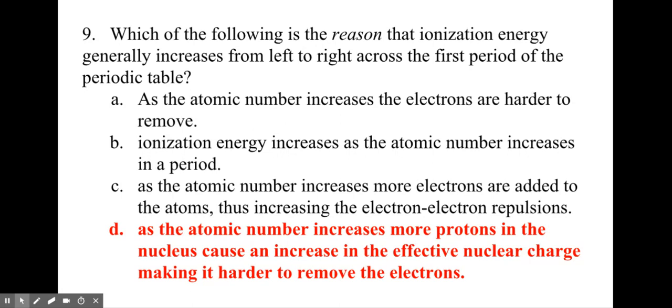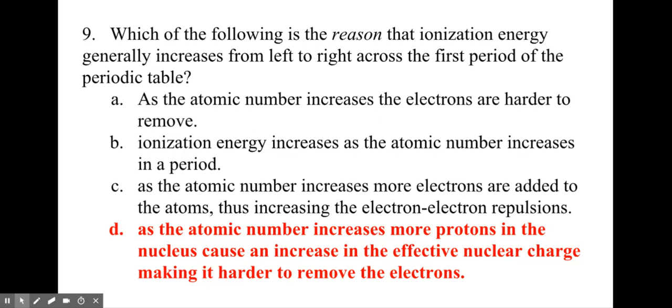Generally speaking, when asked why in terms of periodic trends, we want to relate that back to Coulombic attraction, or Coulomb's law. In the numerator of Coulomb's law, we see charge is the term, and in the denominator, the term is distance.